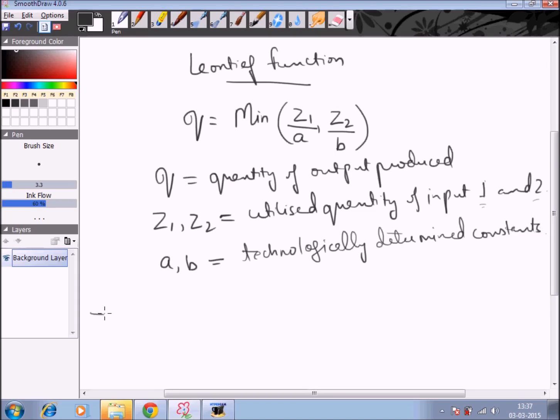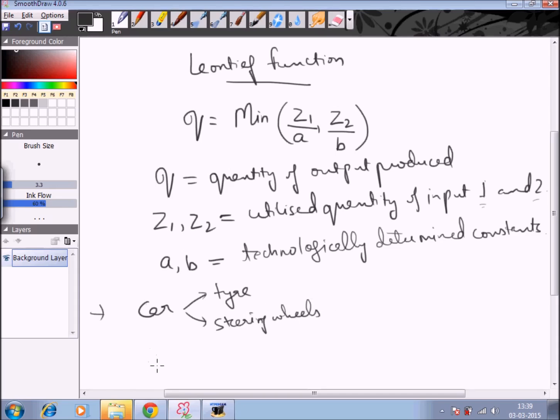Now we can take a very simple example to show this. Suppose we have to produce a car, and there are only two inputs. This is just an assumption that there are only two inputs used in order to produce the car, that is tires and steering wheels.